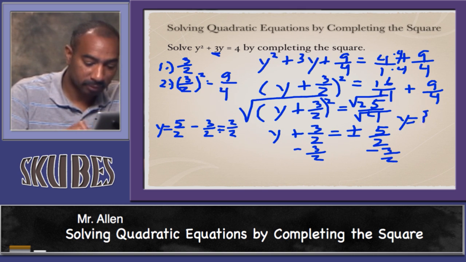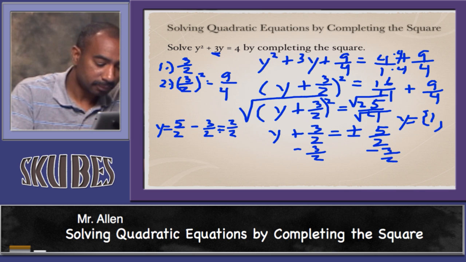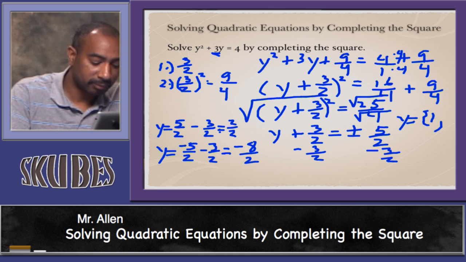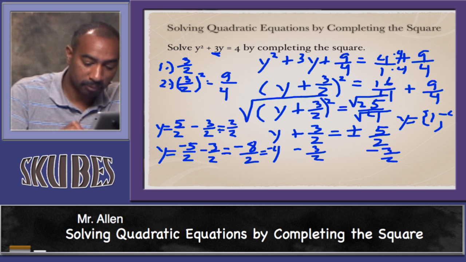So one of the answers will be 1. And then you could have negative 5 halves minus 3 halves. That gives us negative 8 over 2. 2 divides into negative 8 four times, negative 4. So 1 and negative 4.